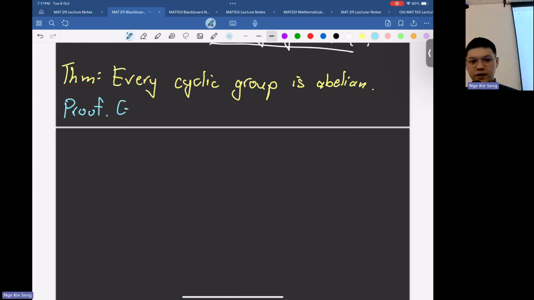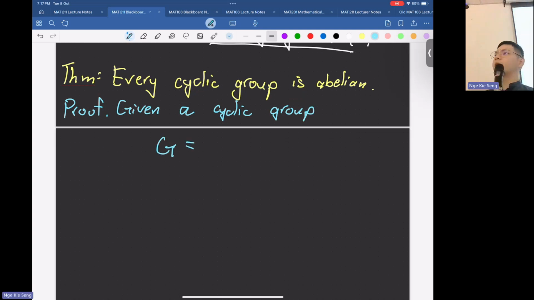Let's start with a cyclic group. A cyclic group by definition is generated by one element, say x. Then this means, do you have control of how the elements look like inside this group?